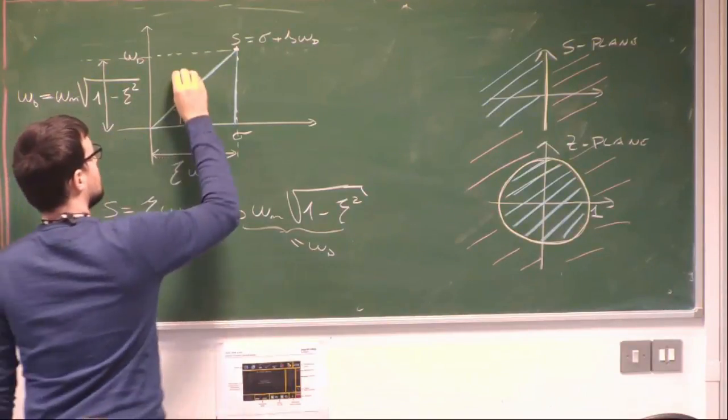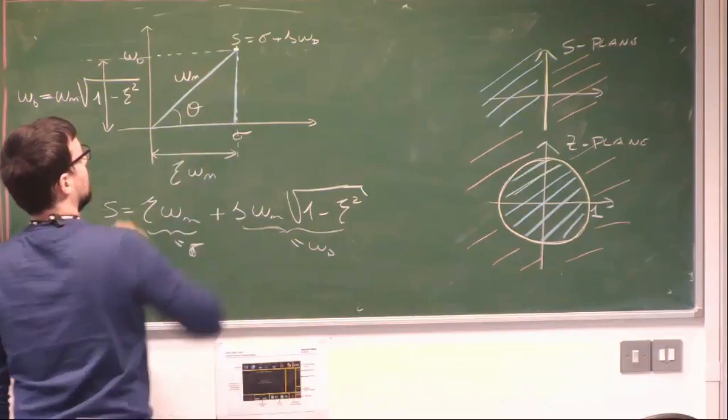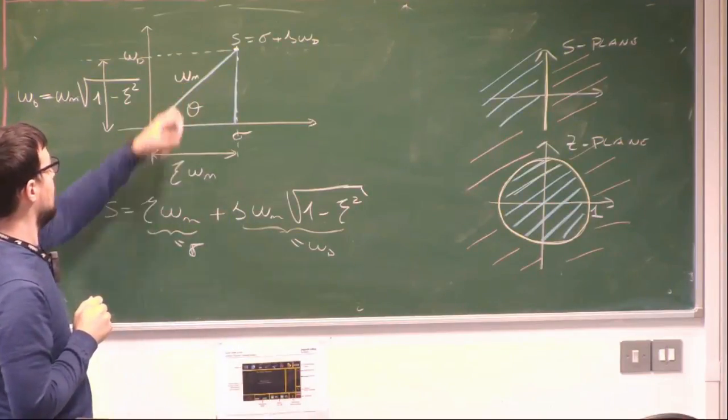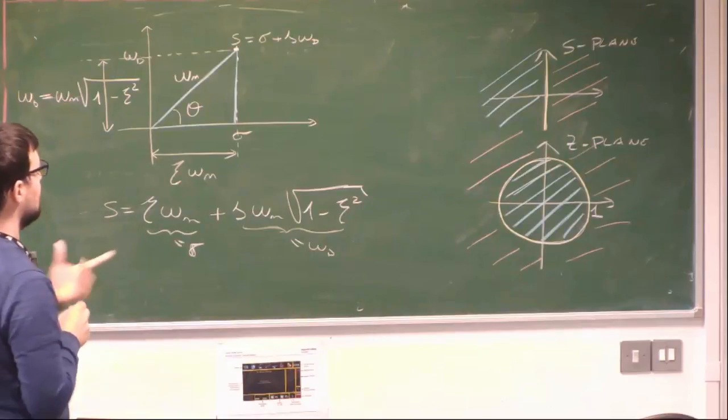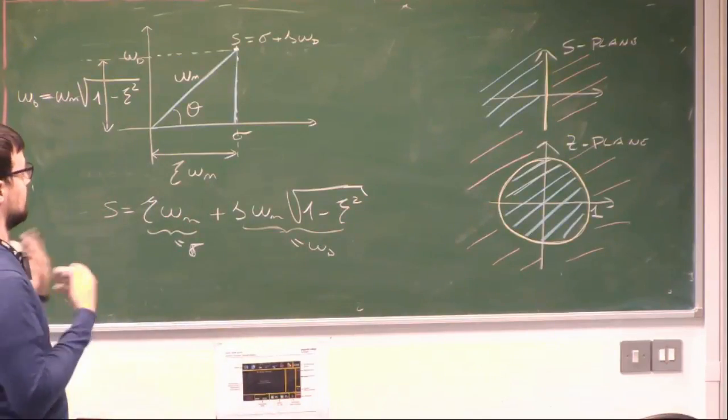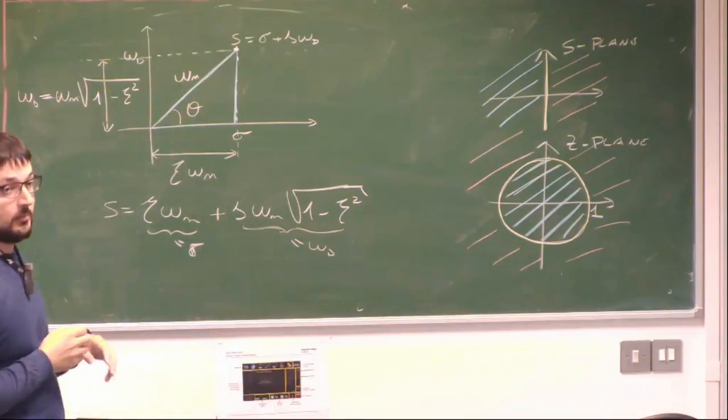Why? Because this is actually equal to omega n. Okay, so you can compute this omega n using Pythagoras theorem. So the square of this plus the square of this, you take the square root and you actually get omega n.